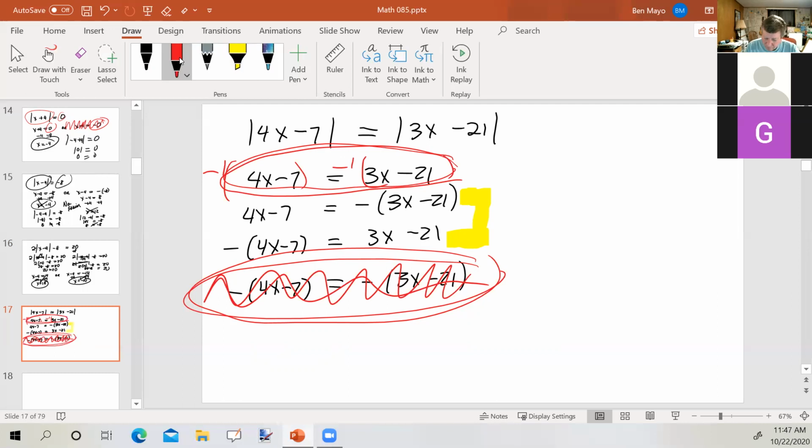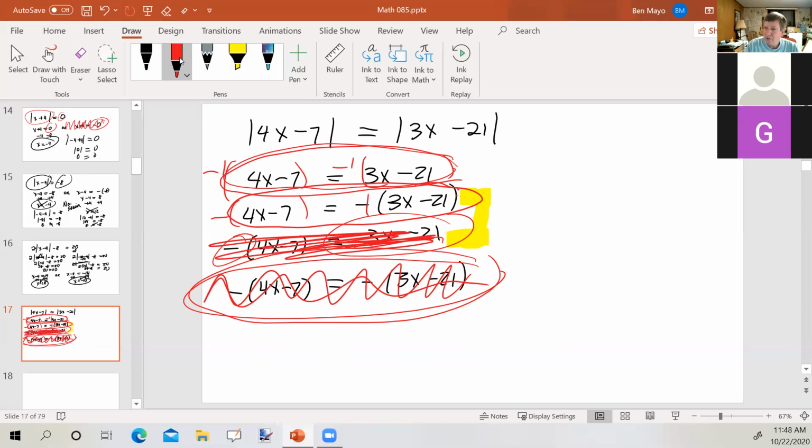If I take this first equation and I multiply both sides by -1, I'd have a negative outside the front of the left side and a positive outside the right side. So again, this second equation is redundant of this first one. So my point in all this is that we only really have two equations.